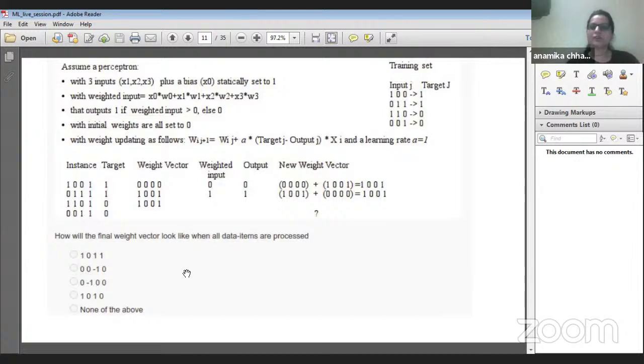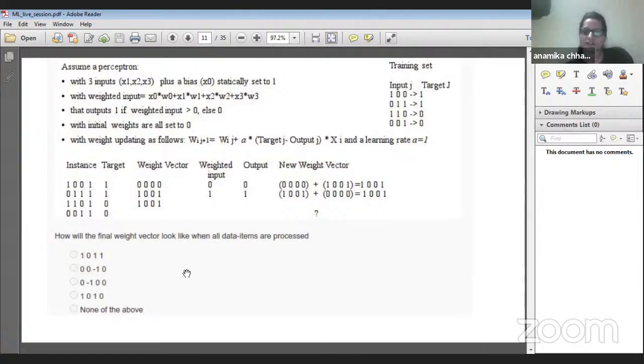Then we compute the weighted input, and whatever we get, we apply a function over that, which will be given to us. That's an activation function, and there can be different options like sigmoid, tanh, linear, ReLU. Obviously, in the question it will be given to you.